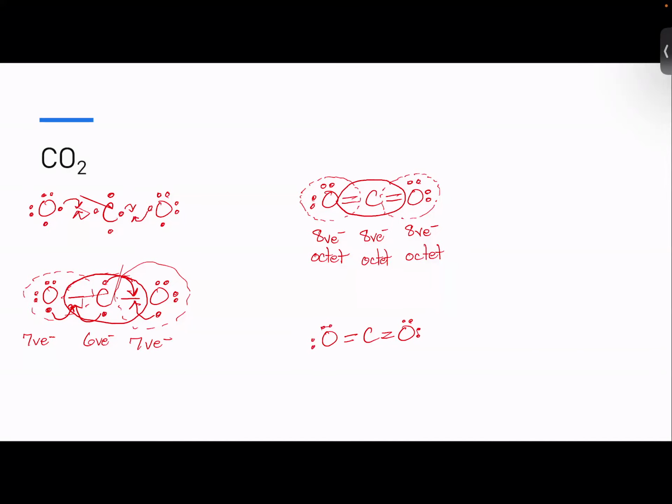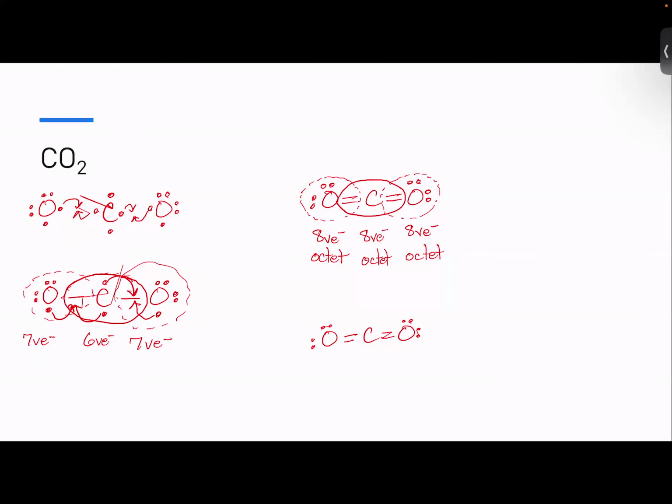One thing I'll point out is, again, carbon is always going to be the central atom. It is always going to be the center of attention. Second thing I'll point out is carbon always has 4 bonds. Always. And third thing I'll point out is that chemistry loves some symmetry.